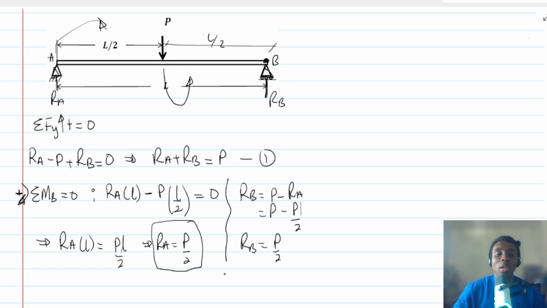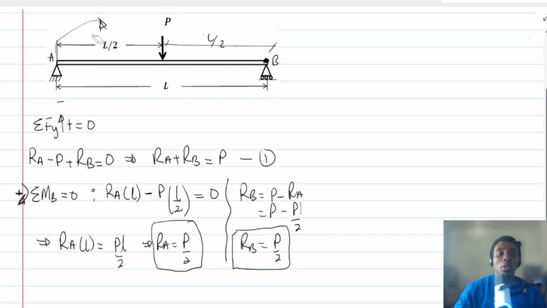And this is to tell you that whenever you have a simply supported beam, then the reactions will be halved. In other words, if here is P, then here will be P over 2, and then here will also take that reaction P over 2.